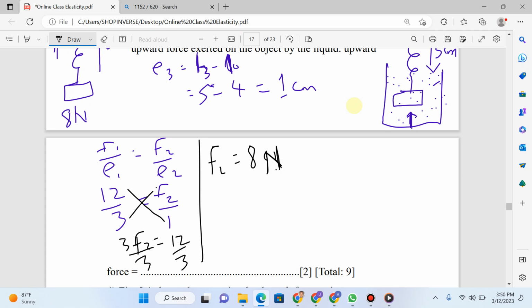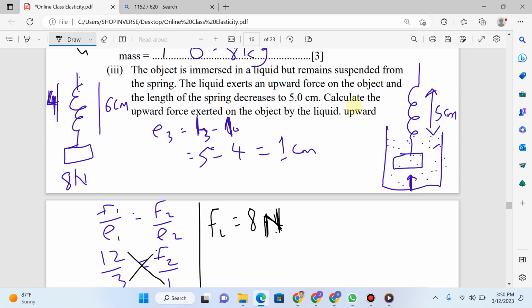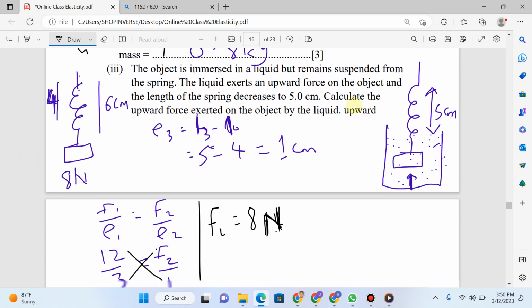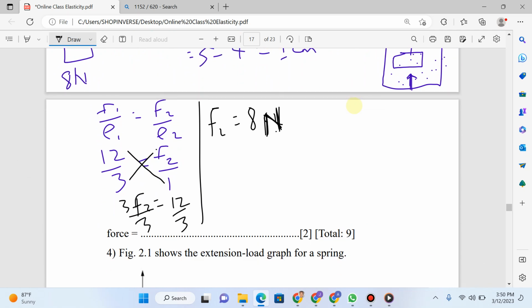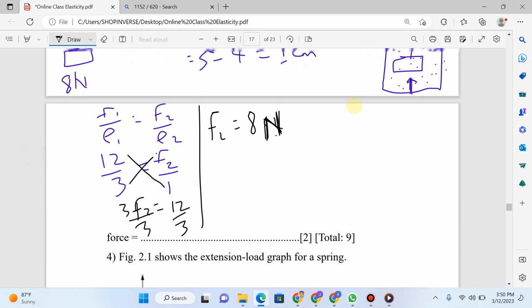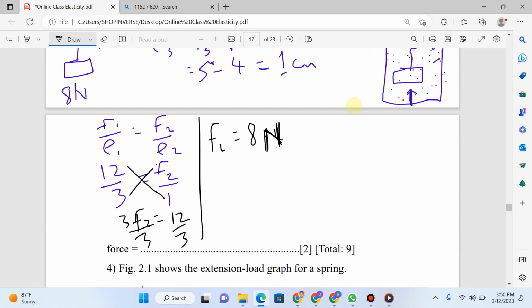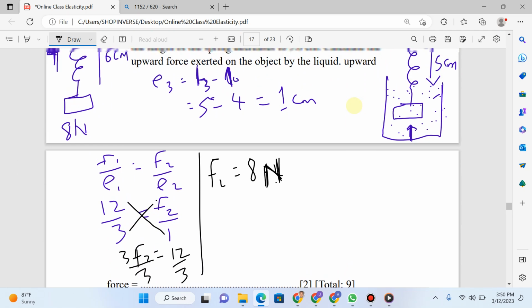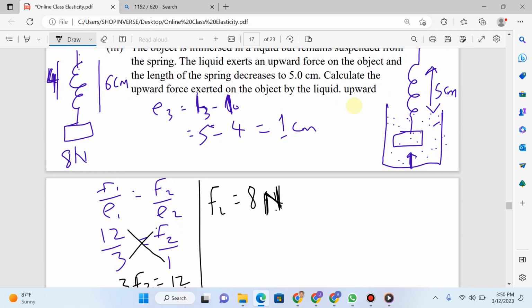Now, if the force is 8 Newton, if the new weight is 8 Newton, and let me see, no, this is not correct.